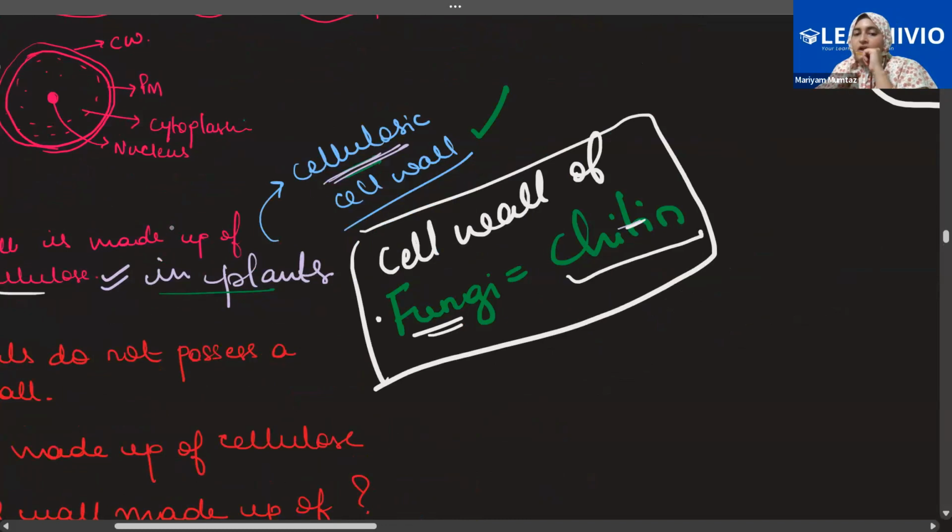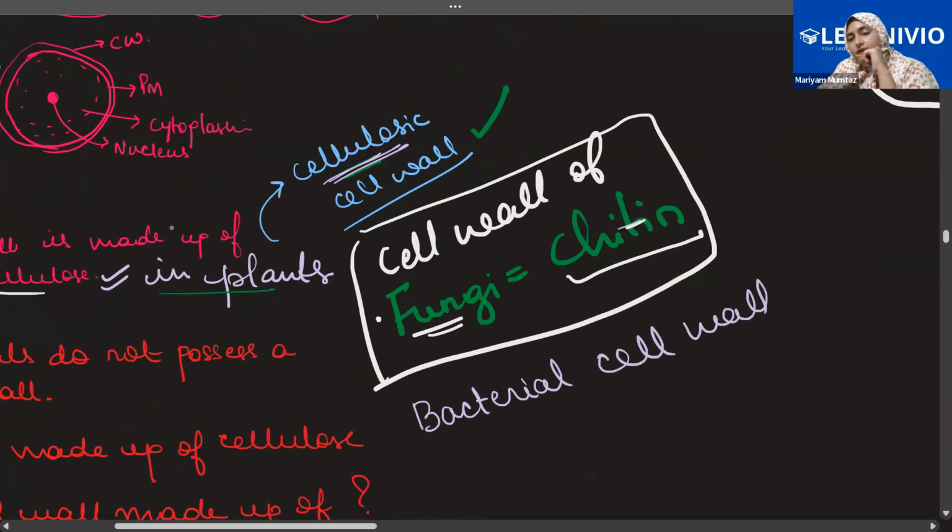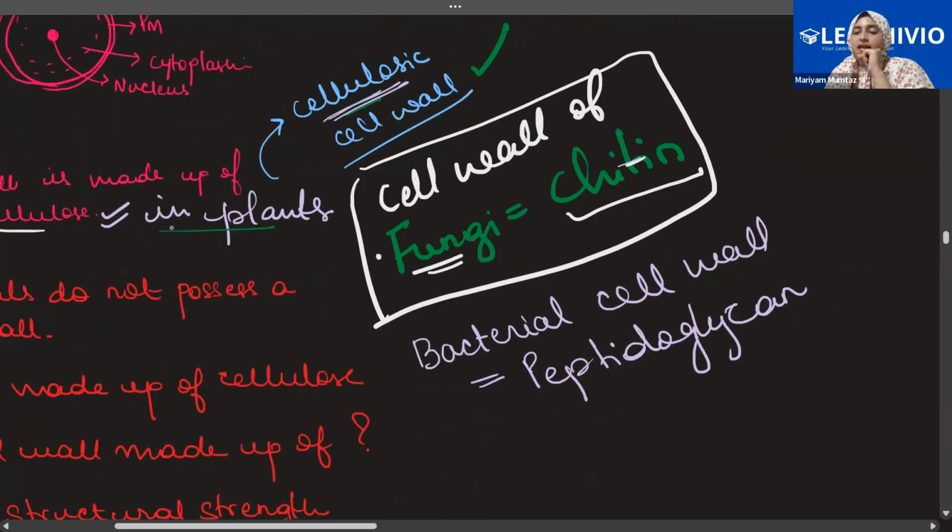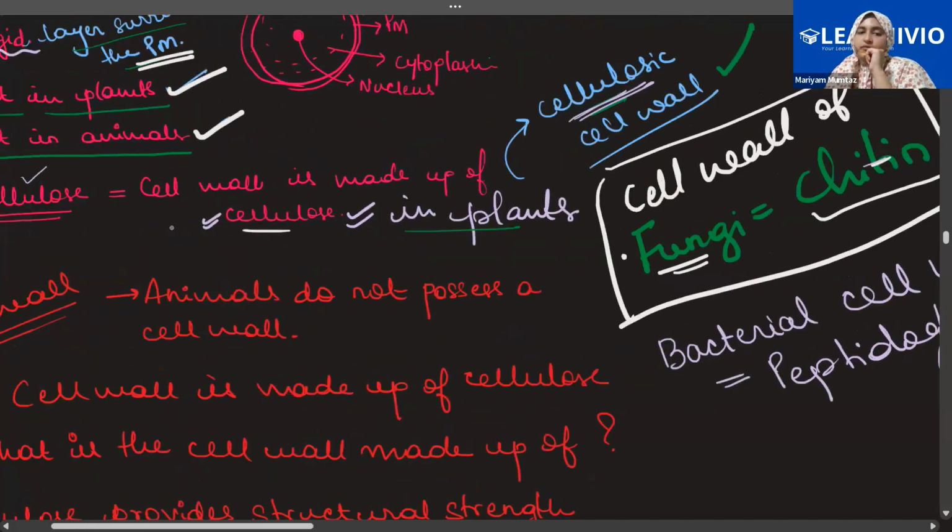Also, the bacterial cell wall is made up of peptidoglycan. This is what the cell wall of bacteria is made up of.